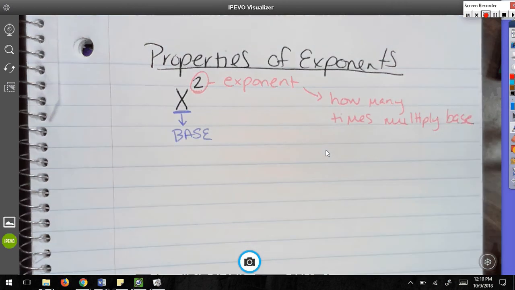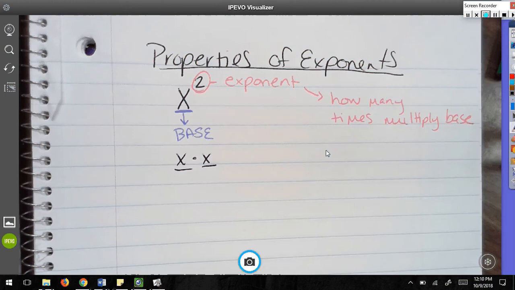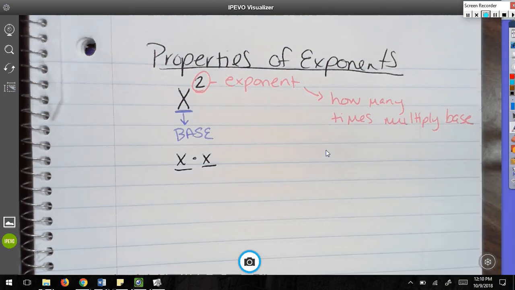So for example, with this one, this would be x times x because it's twice because of the exponent. Okay. So let's run through these properties.